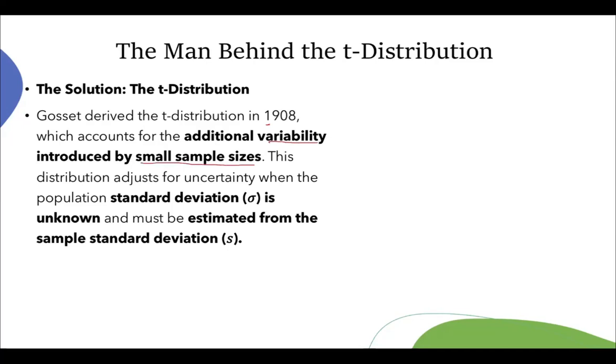In order to account for that variability, this new distribution adjusts for that uncertainty, and we don't have access to a standard deviation from the population, sigma. We have access to the sample standard deviation from the sample. So the population standard deviation is unknown in the kinds of work we're going to do today, but the sample standard deviation will be provided.